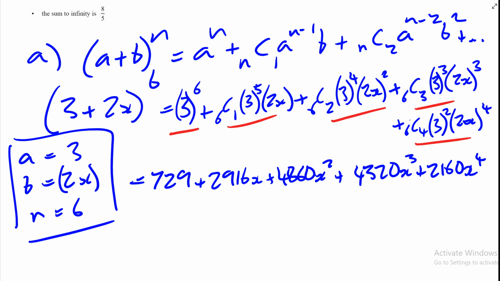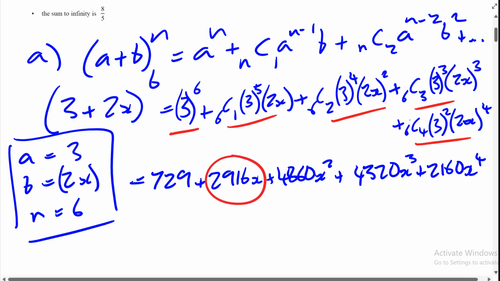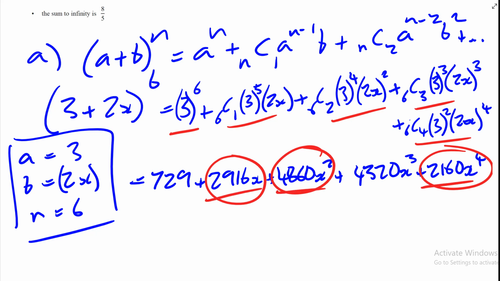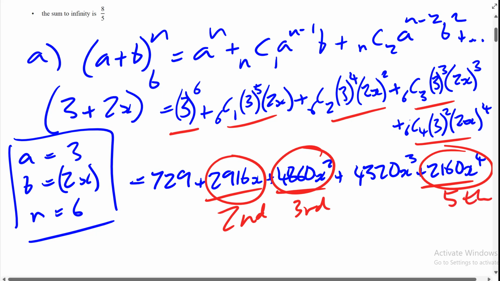It did actually only ask us to find the second, third, and fifth terms, but it's not going to do any harm to find some extra terms, although it might take slightly longer. Doesn't really matter. So second, third, fifth terms.